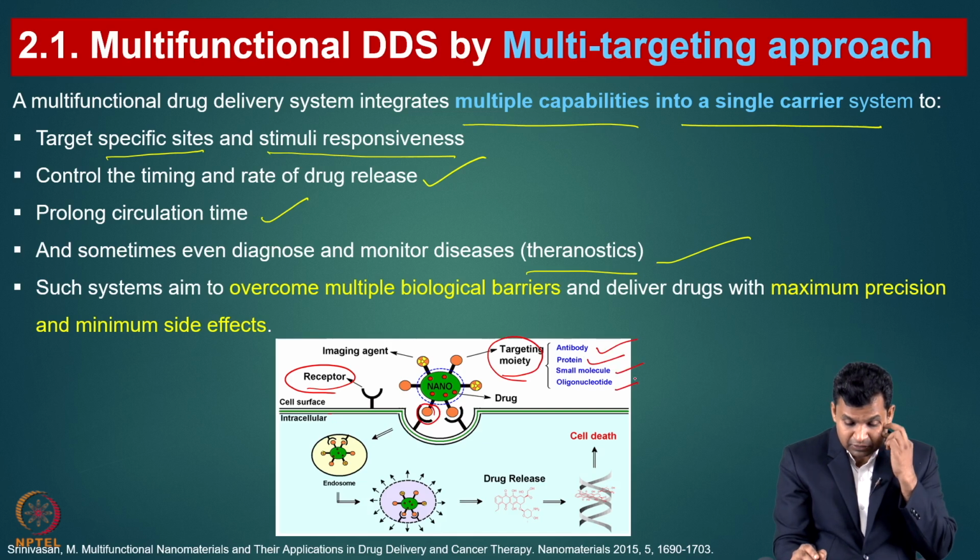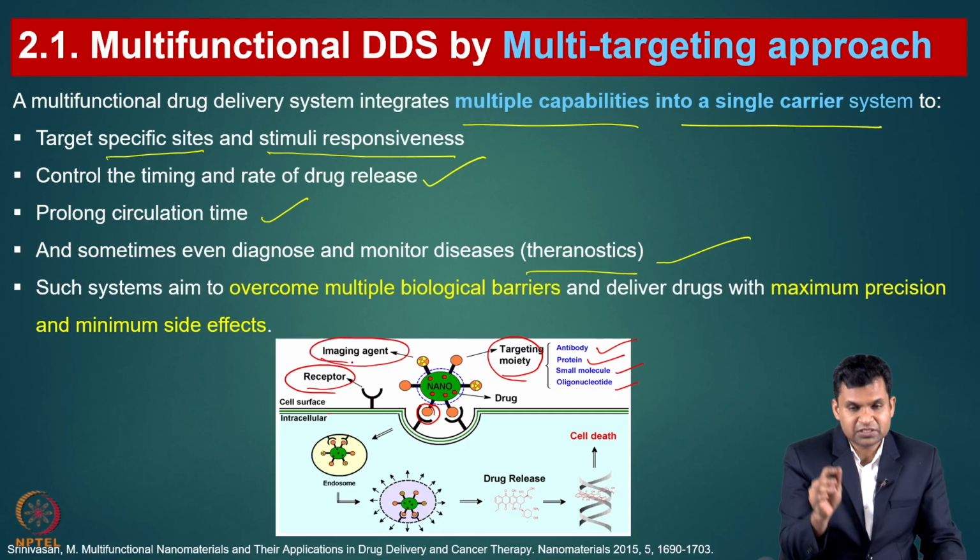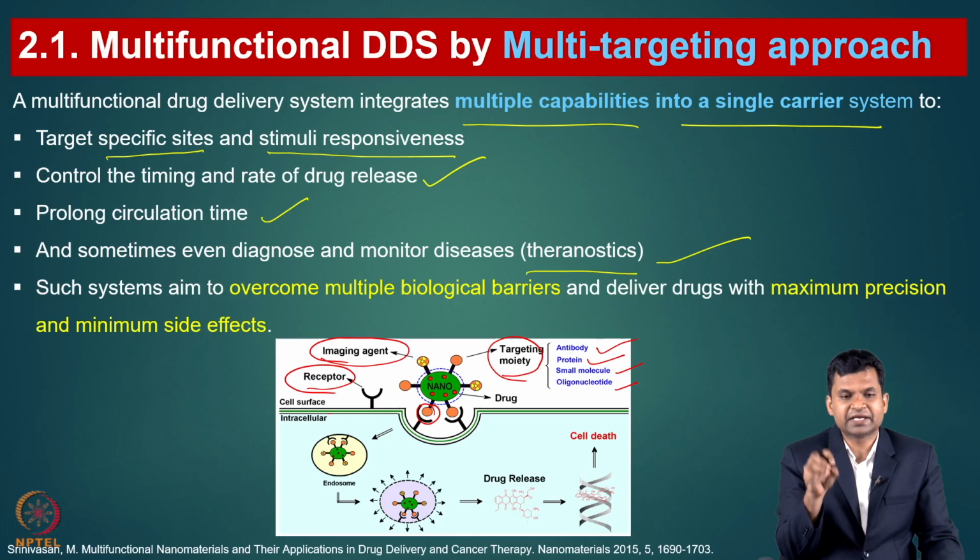You can use them to target the cell, as well as if you want to see the imaging of those cells. So, the status of the disease state, the growth of the cells and the function and properties of the cells can also be seen, but you have to load some fluorescent or contrasting agents to see the images of the cells.